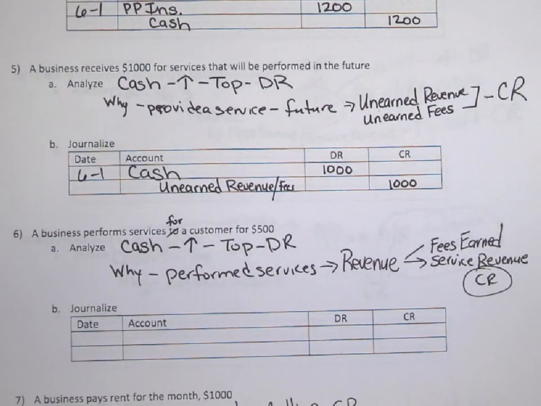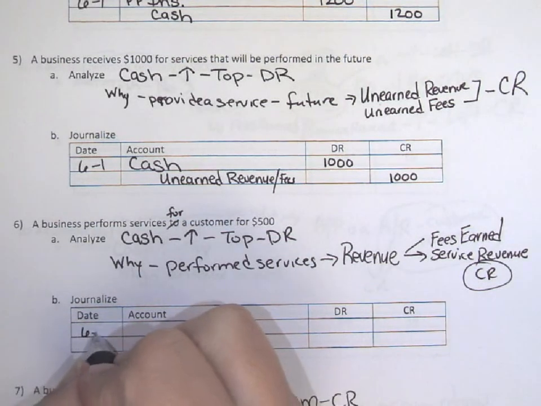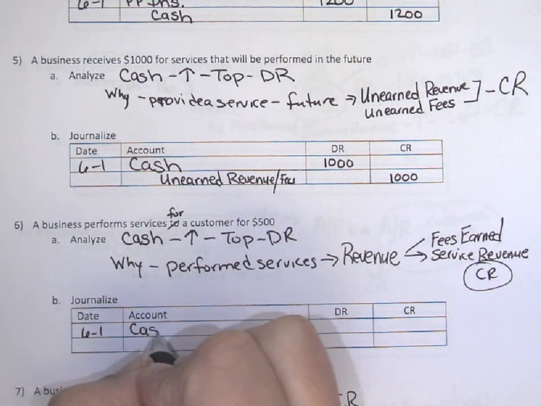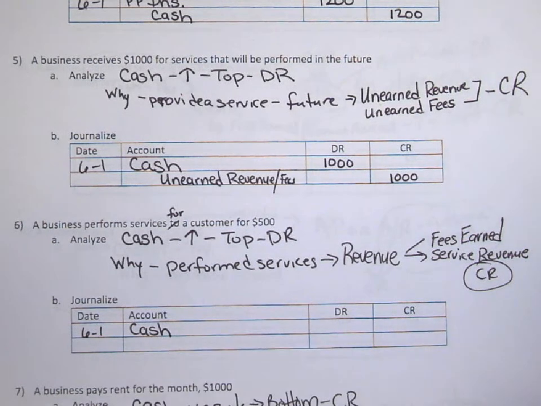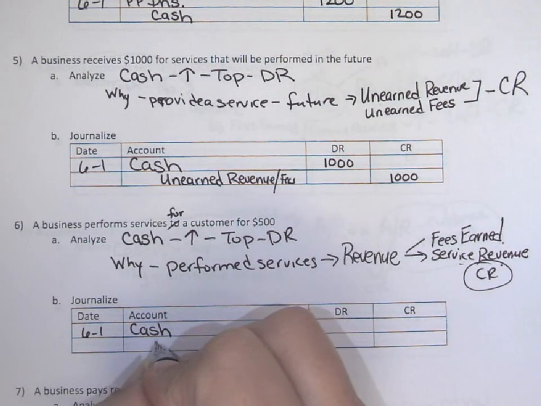The next entry we look at, a business is performing services for a customer for $500. So cash was our debit. So we would come in and put cash. The other side of it is we performed a service. So that would be fees earned, or it could be service revenue.